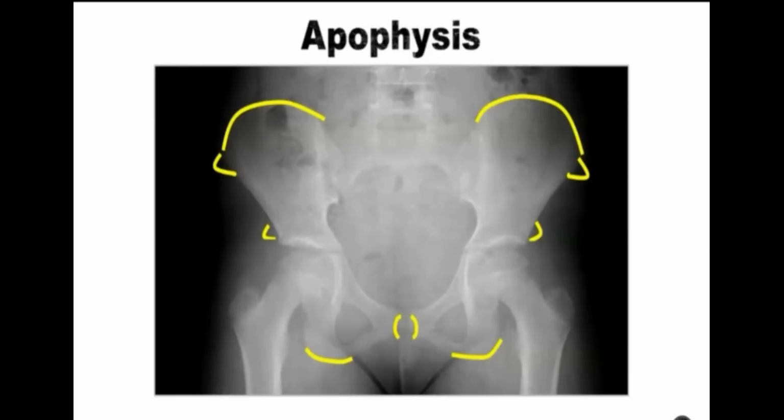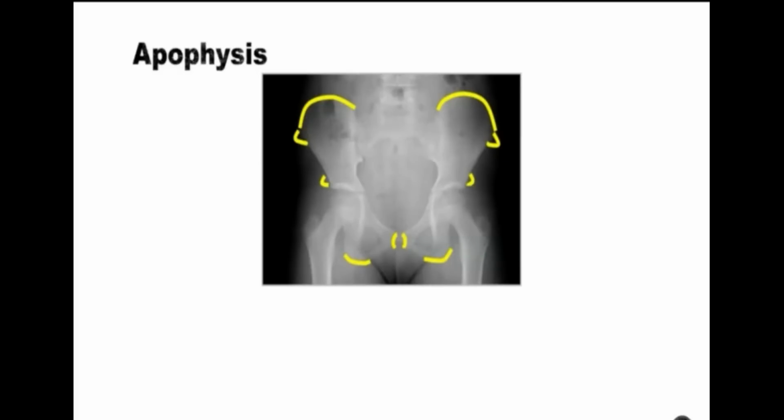In the pelvis, you'll see that there are a lot of apophyses. Again, these are areas of cartilage that are really secondary growth plates where major muscle groups attach. That's important because it really helps with your diagnostic exam and some injuries as well. I've outlined here in yellow some of the apophyses around the pelvis. Your ischial apophysis is where your hamstrings originate.